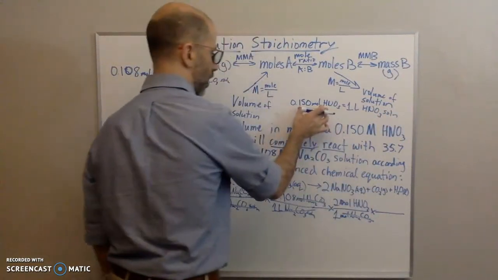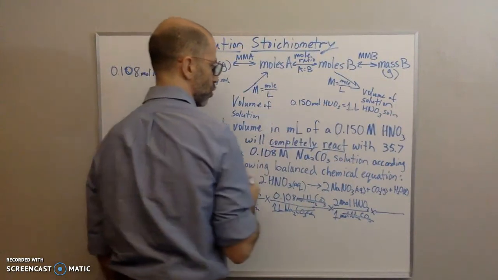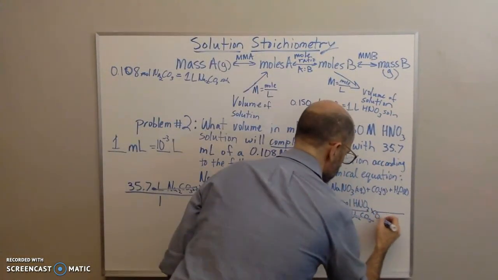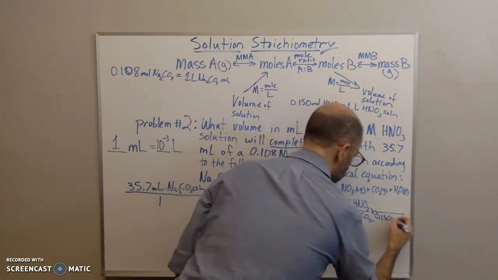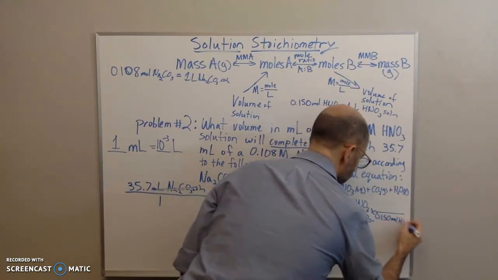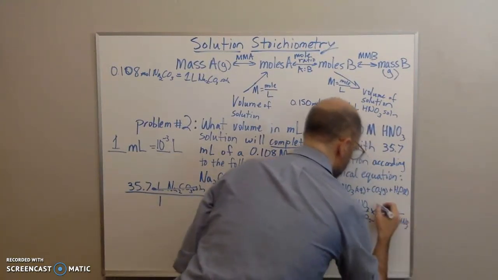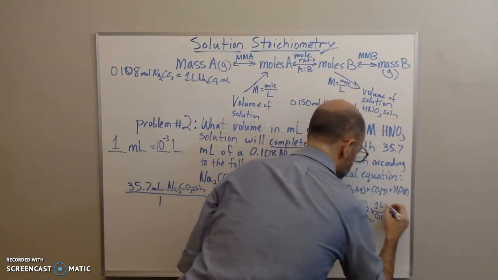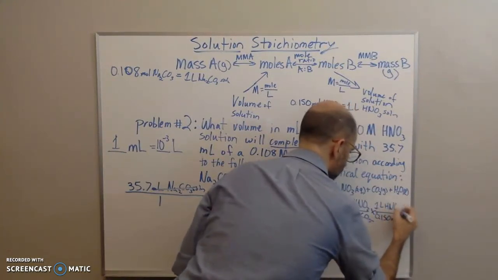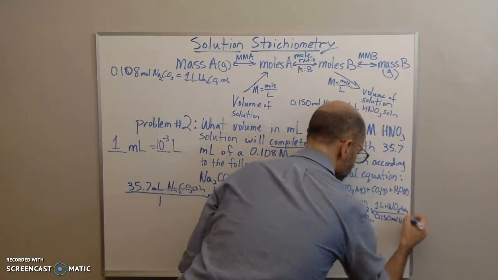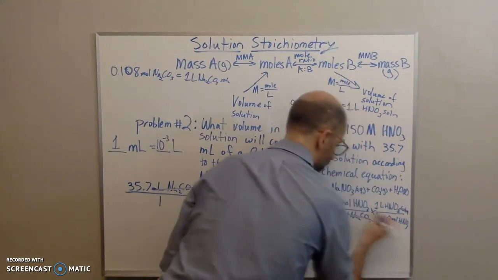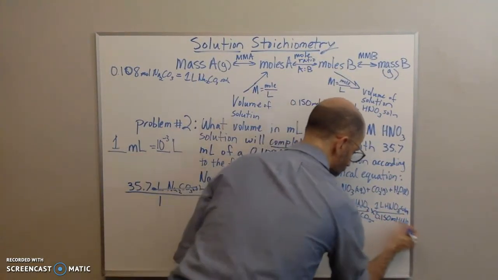So I'm going to put this on the bottom, 0.150 moles of HNO3, and 1 liter of HNO3 solution on the top. So moles of HNO3 cancel out.